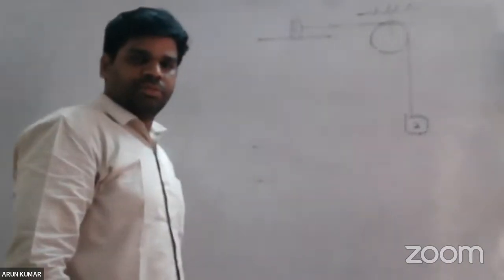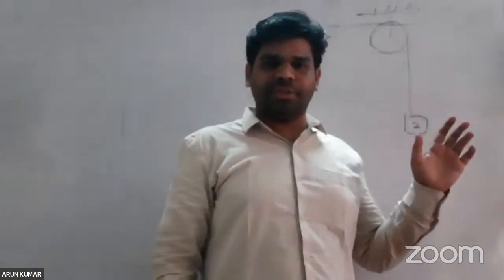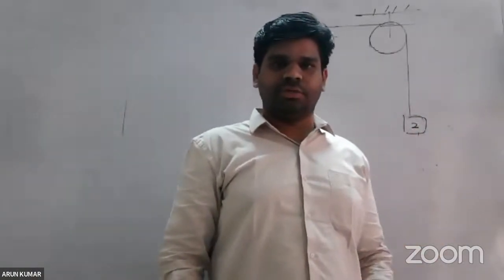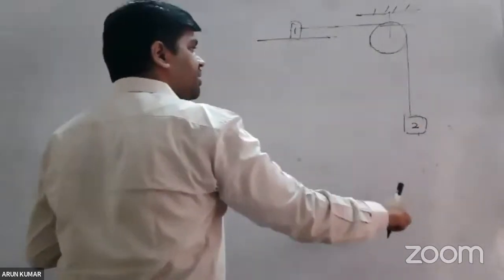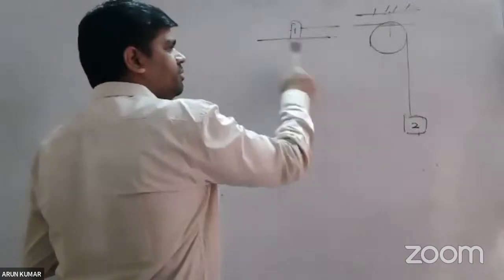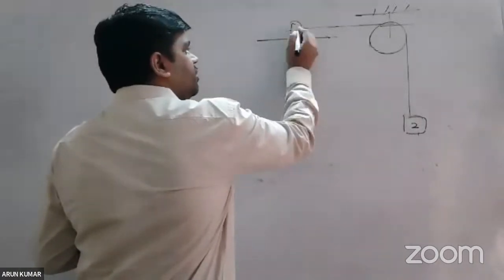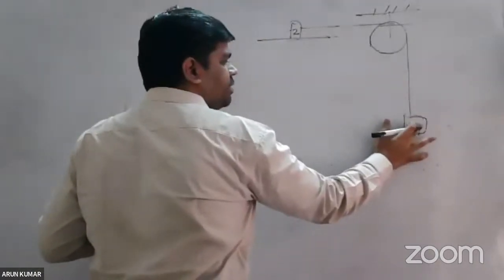Right. So 2g minus 0 by 2 plus 1. But now this is 2 and this is 1.